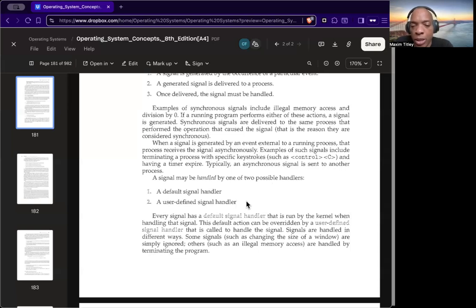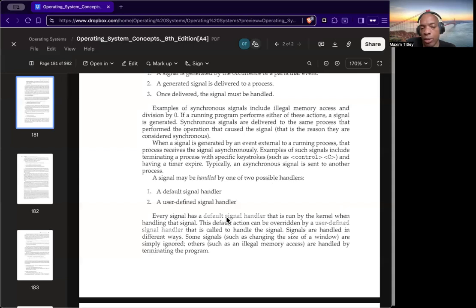But you can also say that, if you're checking for exceptions, certain events that have taken place should not have, and you're going to then either try to redirect your program or shut it down in a controlled manner, right? That would be a lot like the second case, where it's user-defined handling. So each signal has a default signal handler, and that's run by the kernel of the operating system, the one that is handling that particular signal. This, however, can be superseded by a user-defined signal handler that is called to handle the signal.